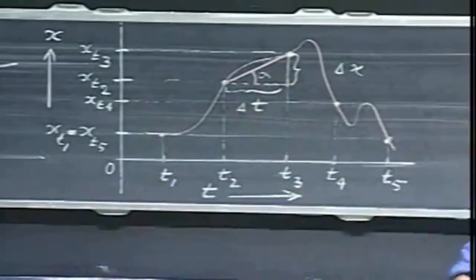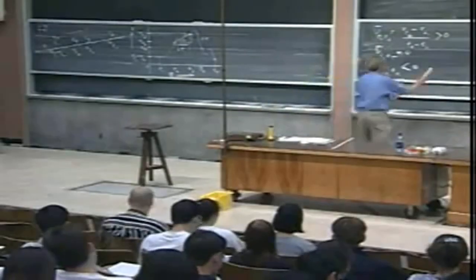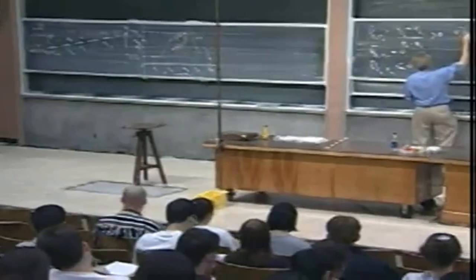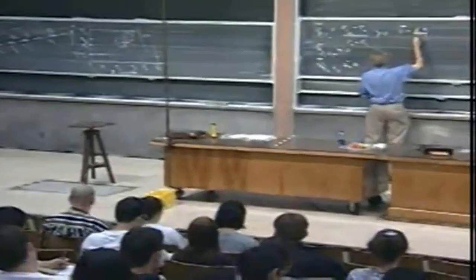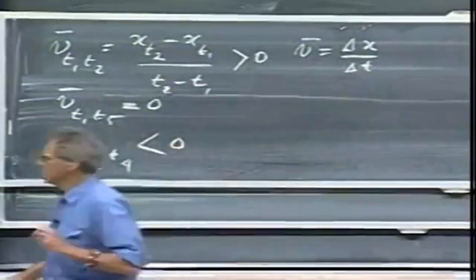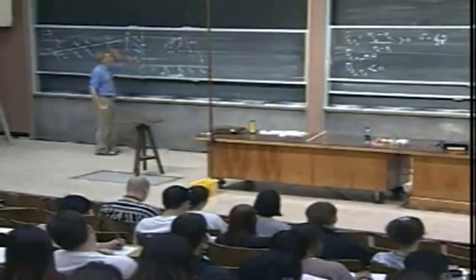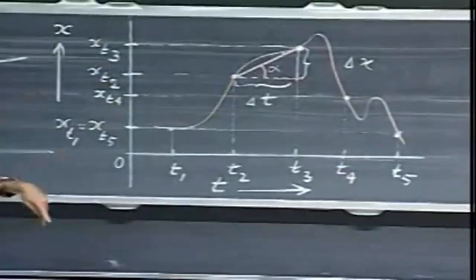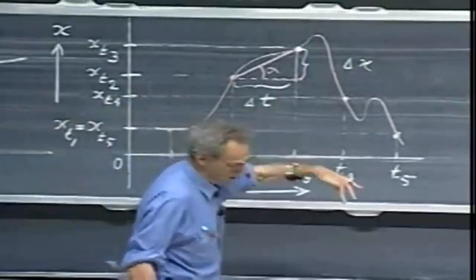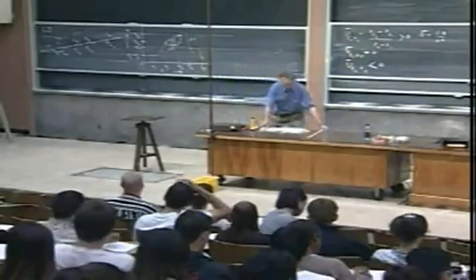And so you could write now, if you're careful about your sign convention, that the average velocity equals delta x divided by delta t. But be careful, if the angle is positive, I call this a positive angle, then the average velocity is positive. But if I have a negative angle, then the average velocity would be negative.